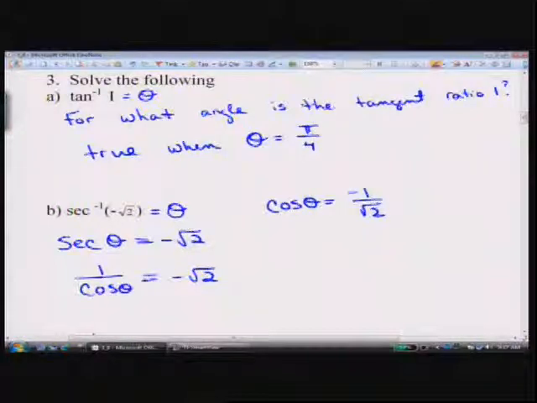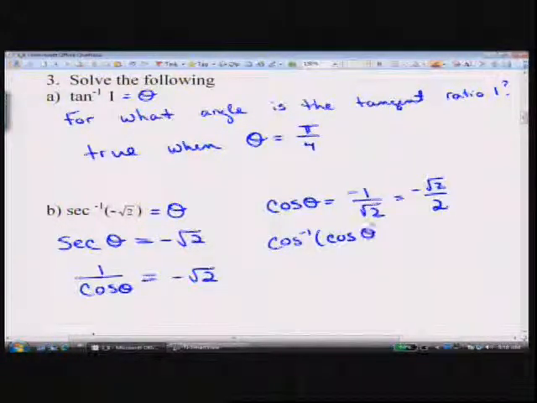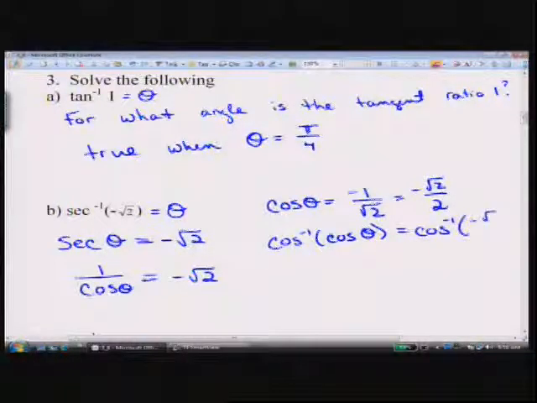Just flipping. And this is, of course, equal to negative square root of 2 over 2, which may be familiar to you. So in order to figure out what theta is, you can take the inverse cosine, and you do the inverse cosine of negative square root of 2 over 2. And so this is asking for what angle will we get a cosine ratio of negative square root of 2 over 2.